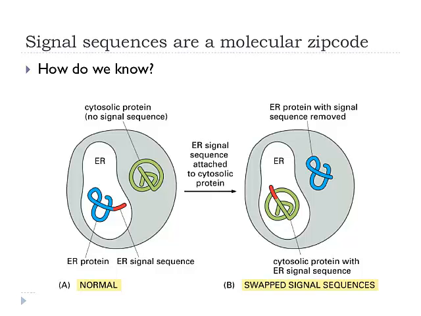So this blue ER protein, if you remove the signal sequence, becomes a cytosolic protein. And so these signal sequences are really key in the shipping process within the cell. If we add a signal sequence to a cytosolic protein, here indicated in red on the green cytosolic protein, it will no longer be a cytosolic protein, it will be an ER protein.